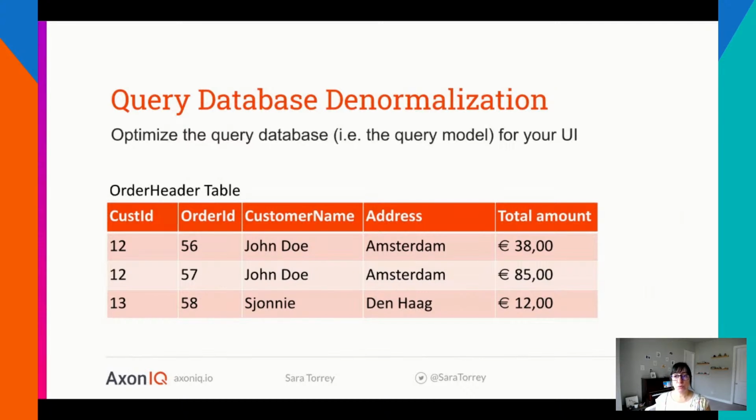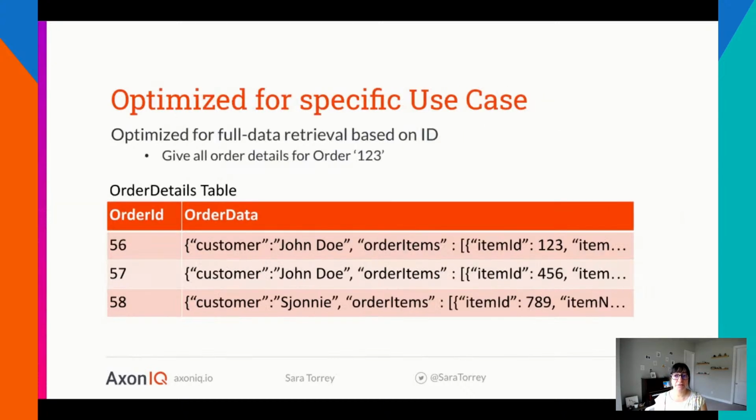Let's say you want to be able to query a complete order and return it immediately instead of having to join the order and the customer tables. In this scenario, you probably wouldn't create tables like this order header table because it's not denormalized and would not tailor to the requirements that we have. You could instead optimize for complete data retrieval based on an order ID.